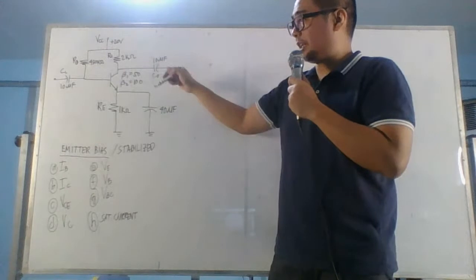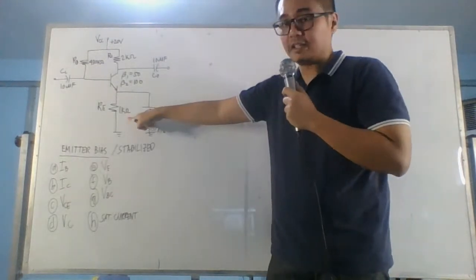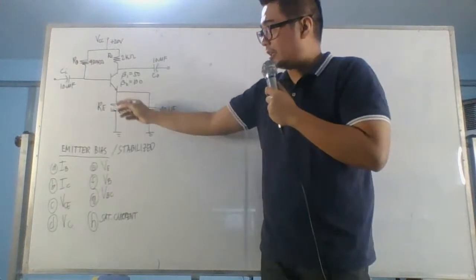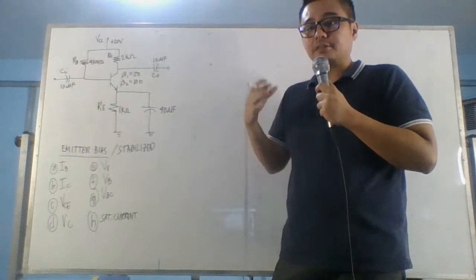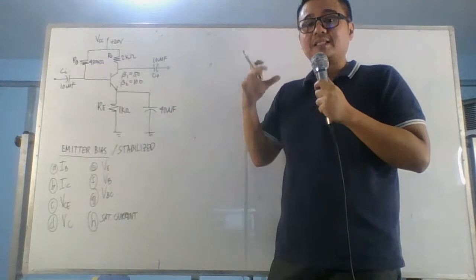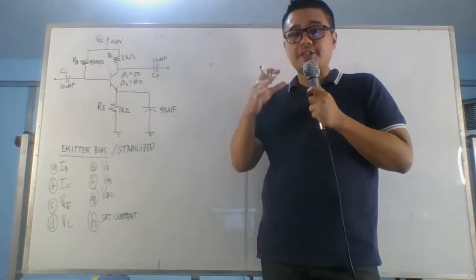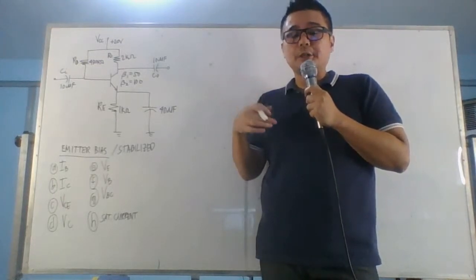Sa emitter stabilized, parang fixed bias din ito, pero nadagdagan na tayo ng isang resistor, yung R sub E. So yung R sub E na ito yung nagpo-provide ng proper bias or proper voltage sa emitter para maging mas stable yung output. Remember dun sa ating fixed bias configuration, yung output natin nagbago drastically.